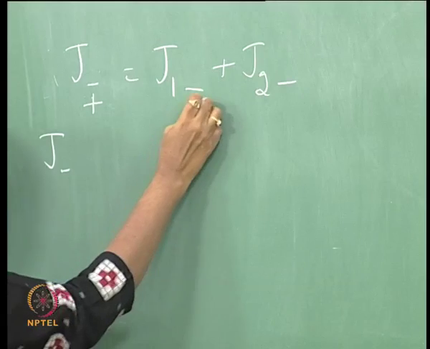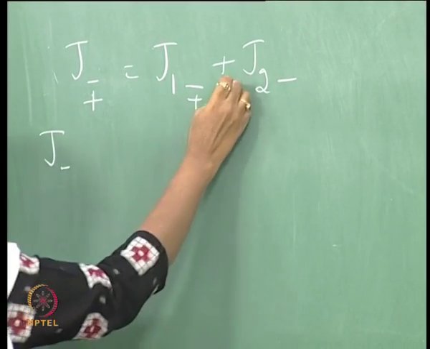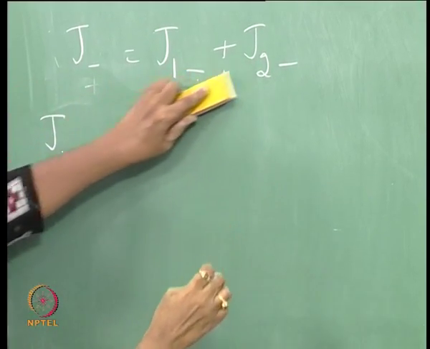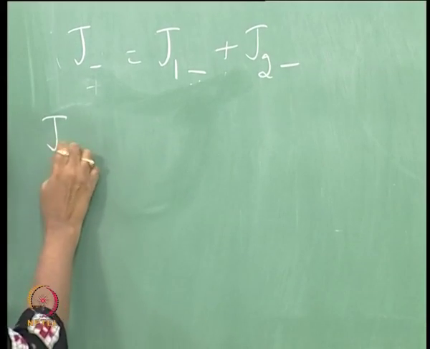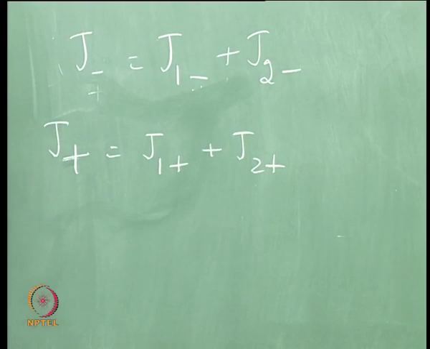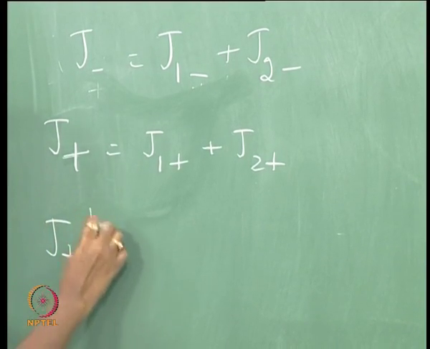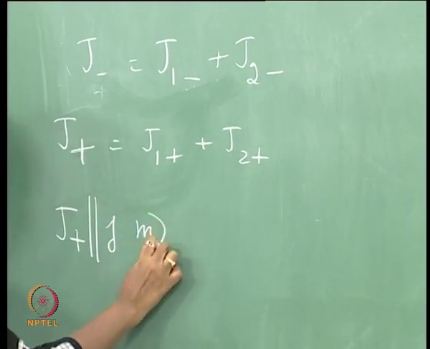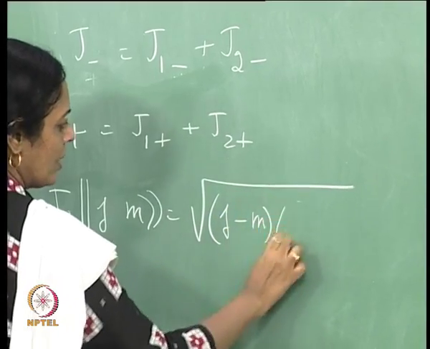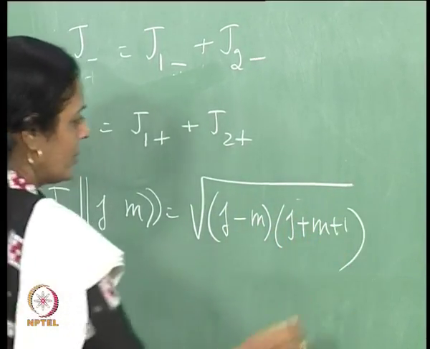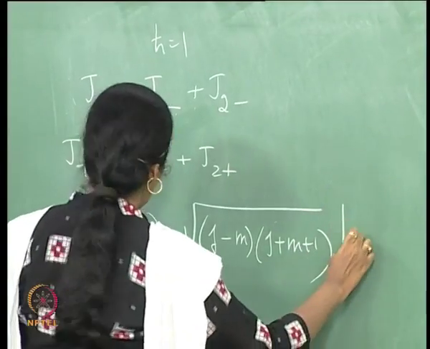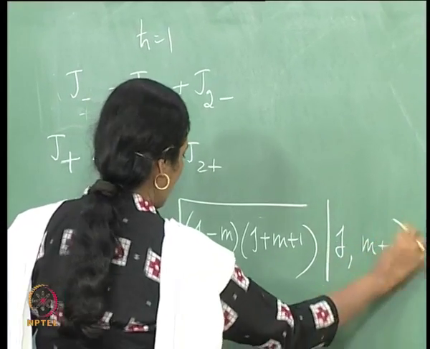And similarly, J plus is J1 plus plus J2 plus. The effect is as follows: J plus acting on the state J, M is root of J minus M into J plus M plus 1. I have set h cross equals 1 in all these problems, and I have J, M plus 1.